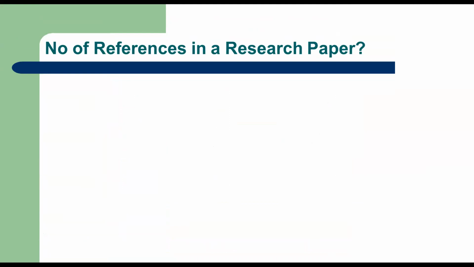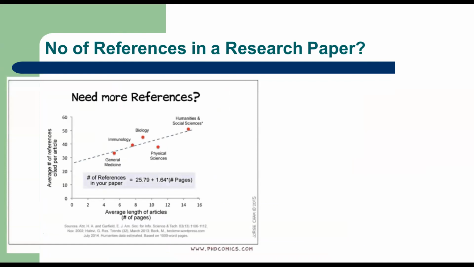I am discussing these things just to build an idea, so that when we go towards reference management software, I can briefly explain how many references we have to manage while writing a research paper and while writing a review article. Different studies have reported that for research papers in different disciplines, like general medicine, the number of references may vary from 30 to 60.